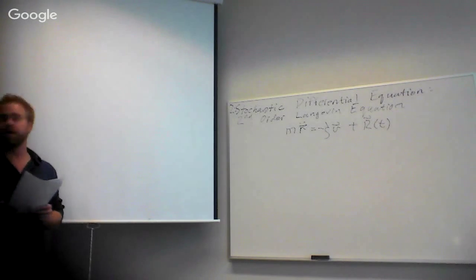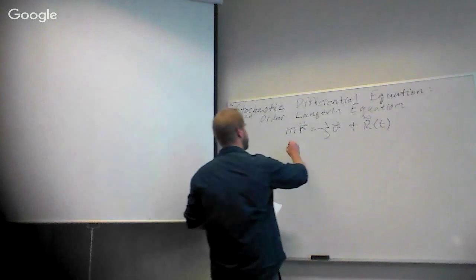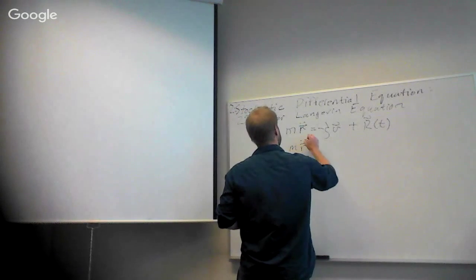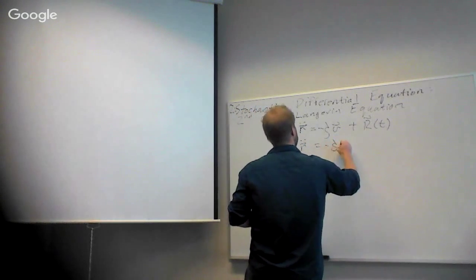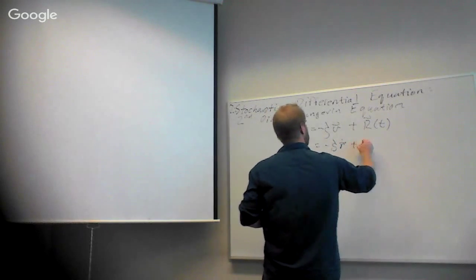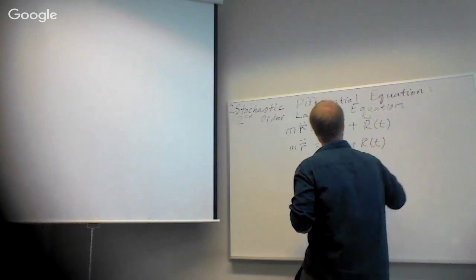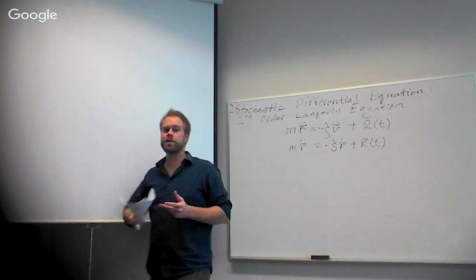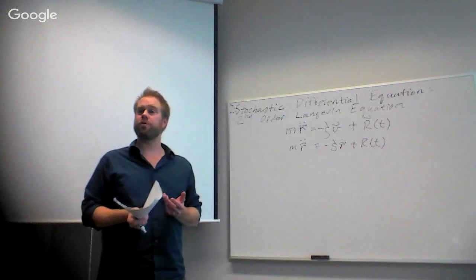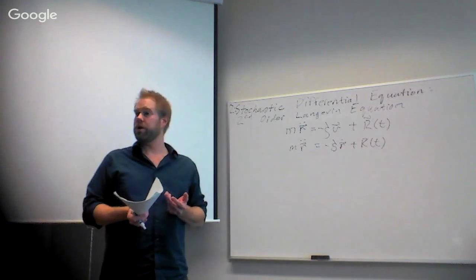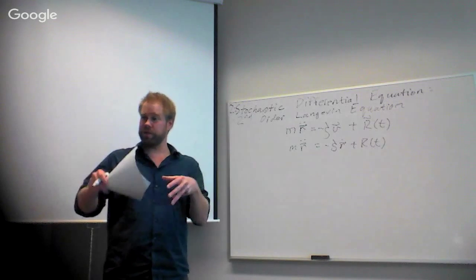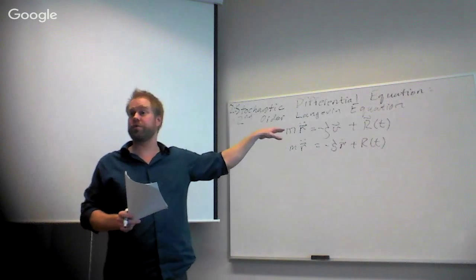Okay. And so we could write this in terms of just r, like so. And so this is our new equation of motion for the particle, including the effects of the solvent implicitly.